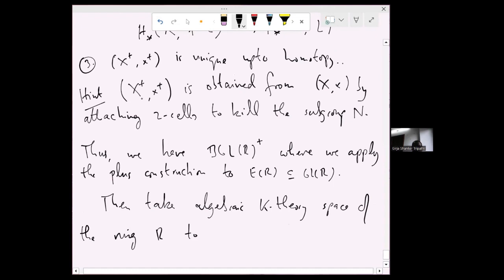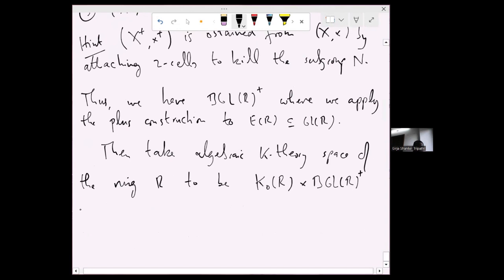This is connected, so you have to modify it so that even pi 0 matches, to be K0 R. Give this discrete topology K0 R, and then BGLR plus.